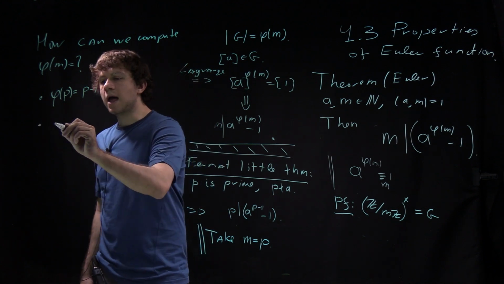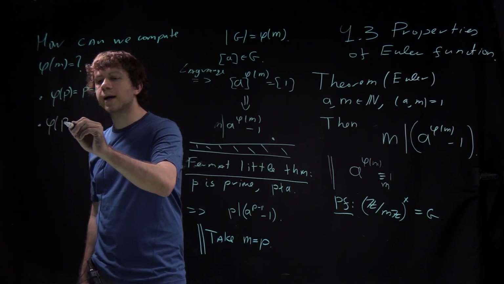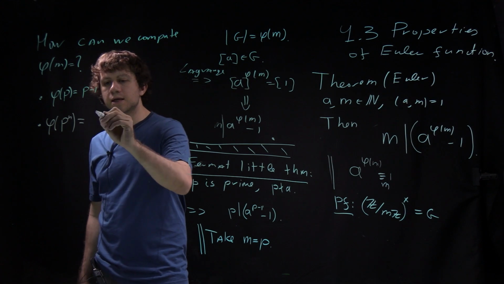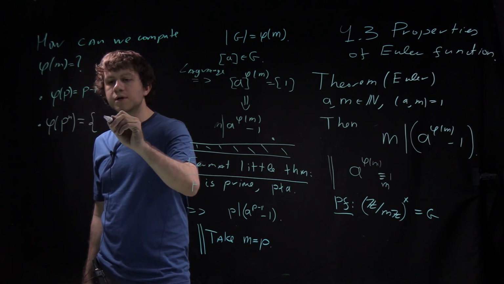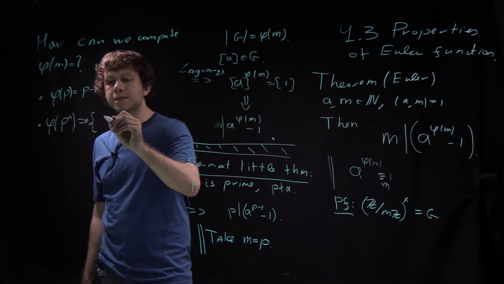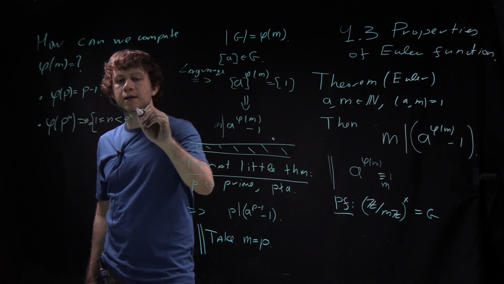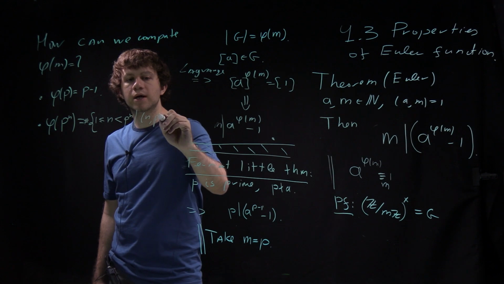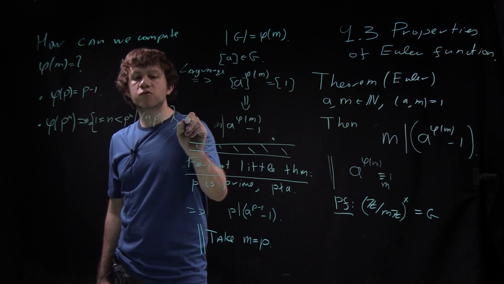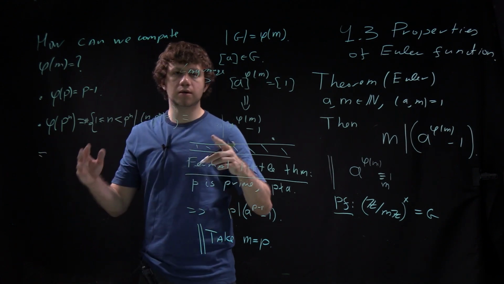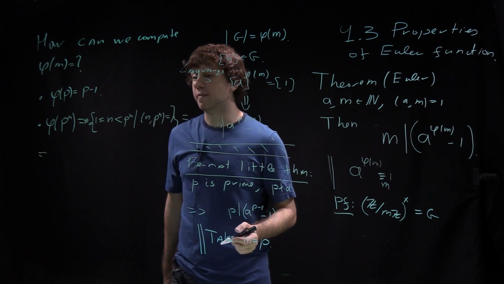All numbers less than p, but greater or equal than 1, p minus 1 of them, all are coprime with p. And phi of p power n is the number of elements n from 1 to p power n, such that n and p power n are coprime. But p is prime, so being coprime with p is the same thing as not having common prime divisors.